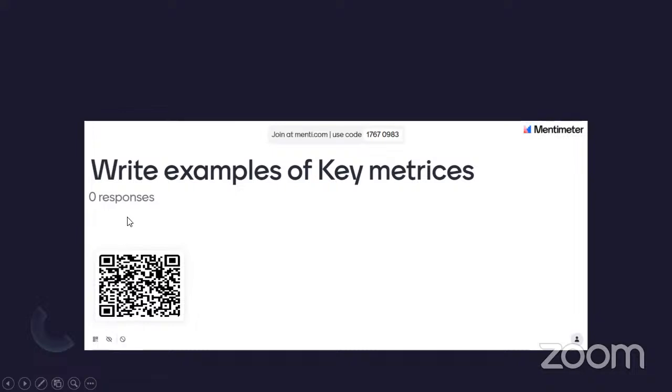Hmm, I think it's hard for you. Some of you didn't yet know what they are going to do. Okay, number of sales you're sharing on chat. Number of sales per a certain period of time. Yeah, sure. This is one of the greatest key metrics. And someone shared gross margin.